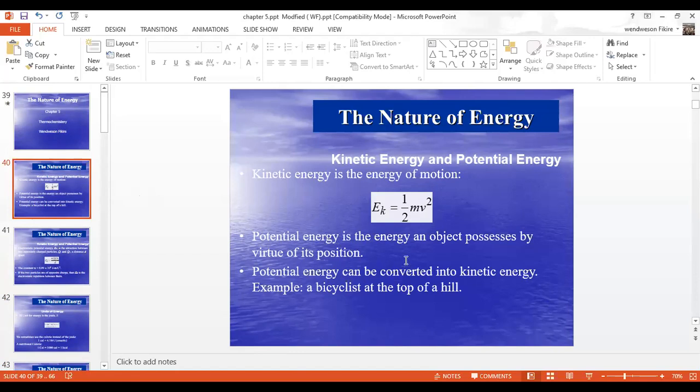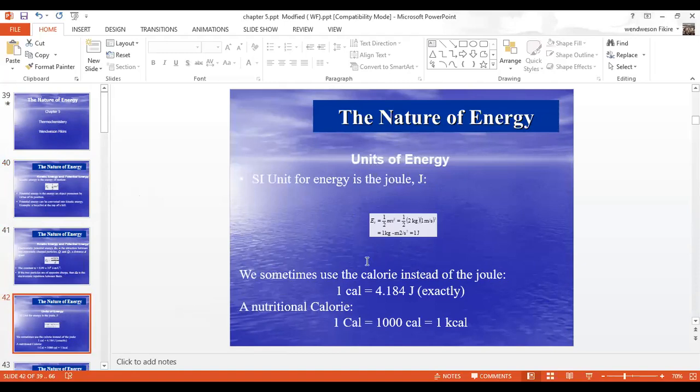Potential energy is the energy an object possesses by virtue of its position. Here are also the units I was discussing. The SI unit for energy is the joule, and 1 calorie equals 4.184 joules, and 1 big calorie, which is 1,000 calories, equals 1 kilocalorie, the ones I discussed earlier.